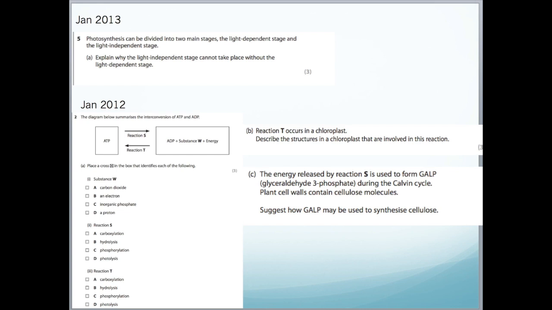Glyceraldehyde 3-phosphate is a 3-carbon molecule, and we can use 2 of those to form glucose or a hexose sugar, so a 6-carbon sugar. In the synthesis of glucose, enzymes are involved which help with the reaction. Remember that cellulose consists of beta-glucose, which is a 6-carbon sugar, which is joined by glycosidic bonds, and the bonds are 1 to 4.